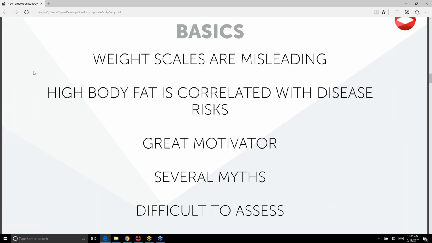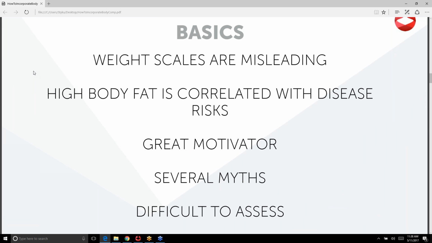Now there are some body fat basics that I want to get into. The first thing is, why body composition? Well, body composition is important because we all know weight scales are misleading. And when weight scales mislead somebody into thinking that they're not making progress, ultimately it makes our job as a fitness professional harder, right?